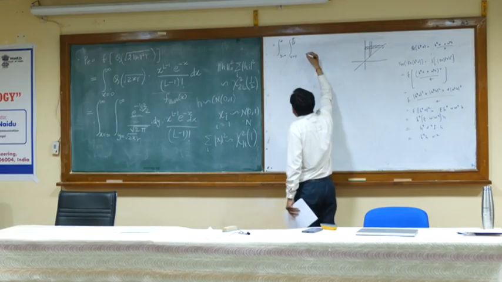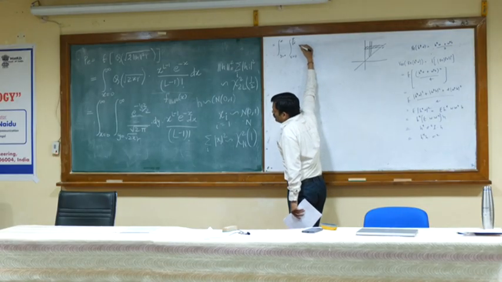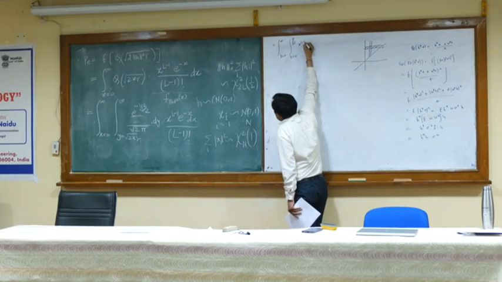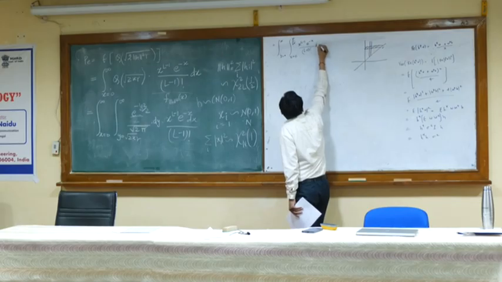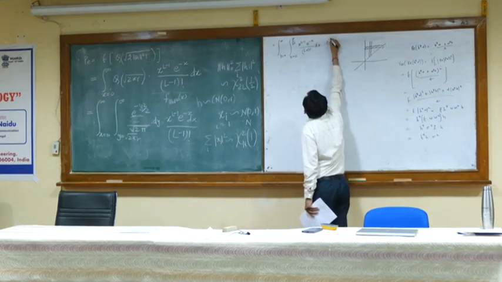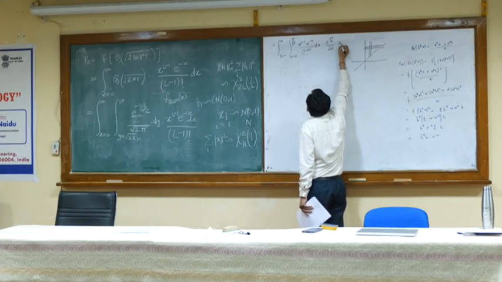I write the same thing here. Let's write the x term first: x to the power L minus 1 e to the power minus x divided by (L minus 1) factorial dx, then e to the power minus y square divided by 2, divided by square root of 2 pi, dy.